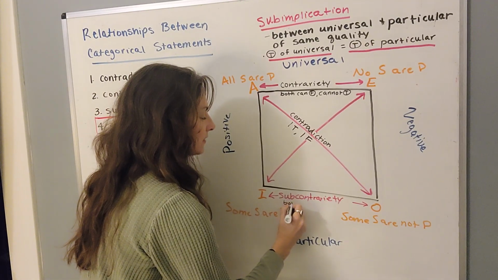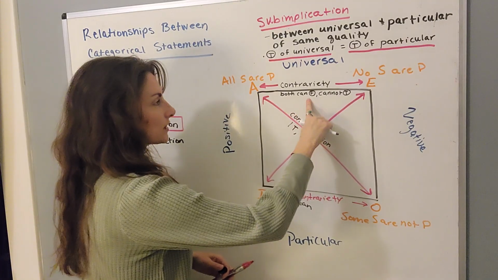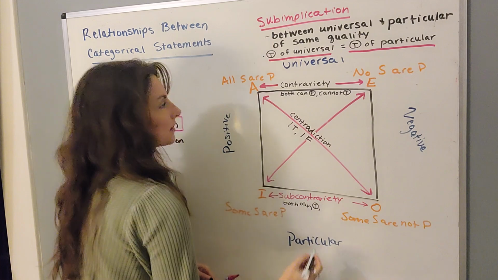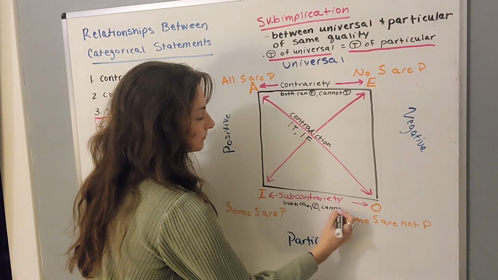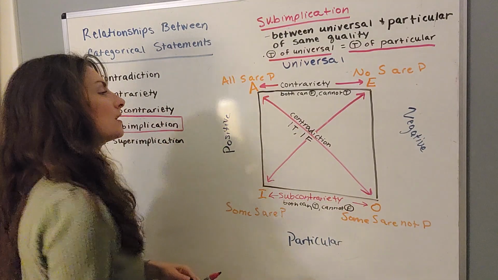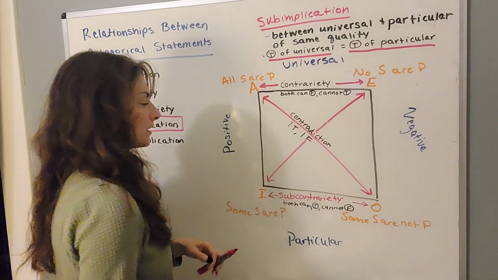So down here, if this one both can be false and it's the opposite, this is both can be true, but cannot be false. And we looked at how that works yesterday. So if you need a recap on that, just go back and look there.